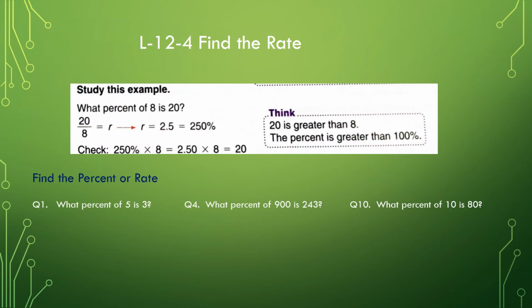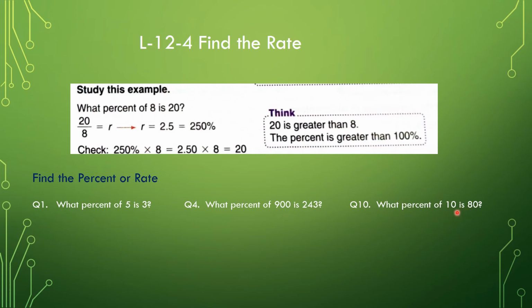Question numbers 1, 4 and 10. In this one, what percent of 5 is 3? The whole is 5 and the part is 3, so 3 over 5. Here you can check again: the whole is 900 and the part is 243, so 243 over 900.